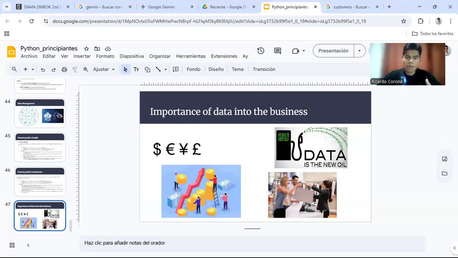We have strong tools to make better decisions, ensuring the quality of the data and information.